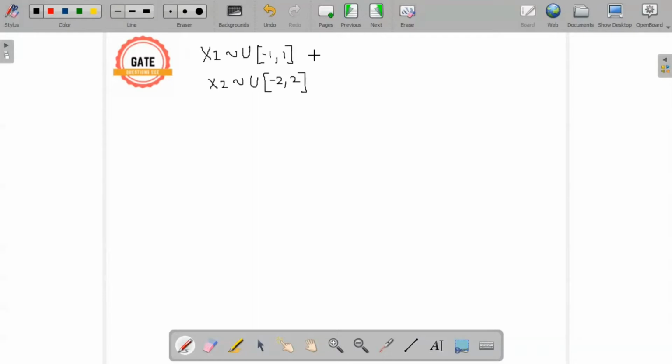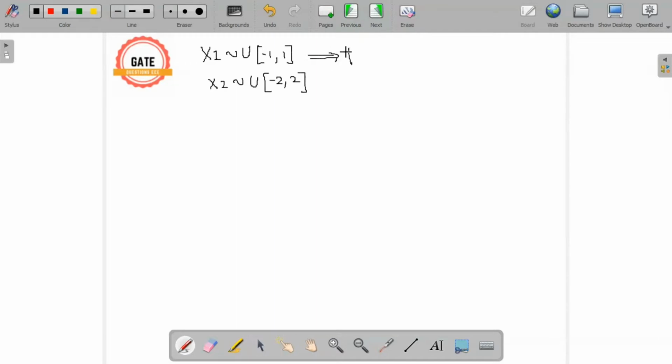So what will be the PMFs? That's not mentioned here. For that you have to understand how we represent uniform distribution in a standard form. I have discussed it in a previous question. So I will write the PMFs of individual x1 and x2 here.